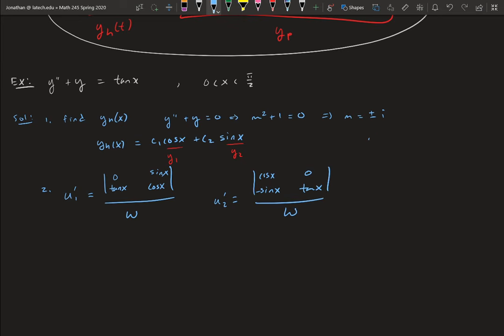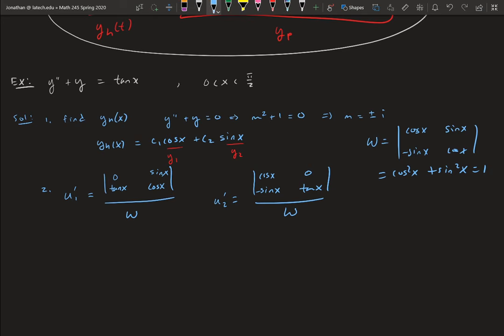What's our Wronskian here? Our Wronskian is going to be cosine x, sine x, negative sine, cosine. It's actually just 1. Cosine squared plus sine squared, basically. So let me write that out. That's just going to be cosine squared x plus sine squared x, which is 1.